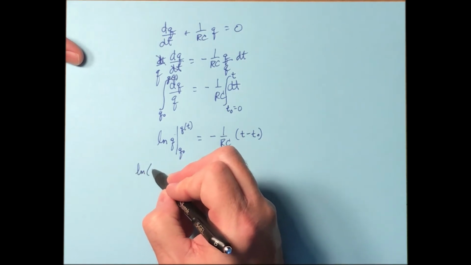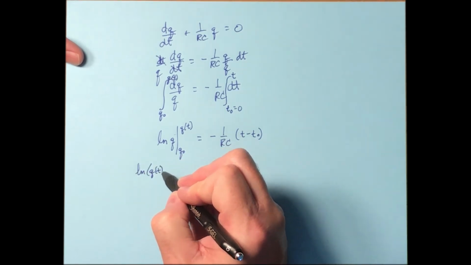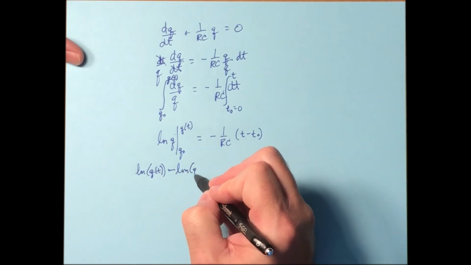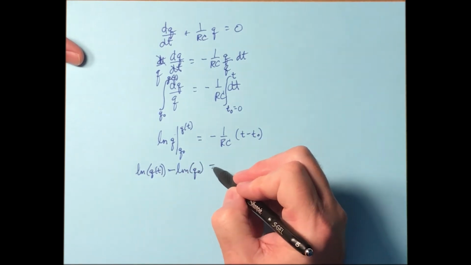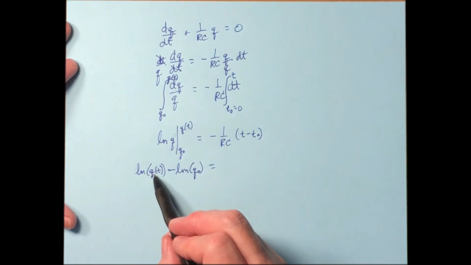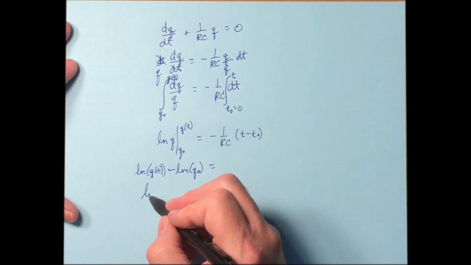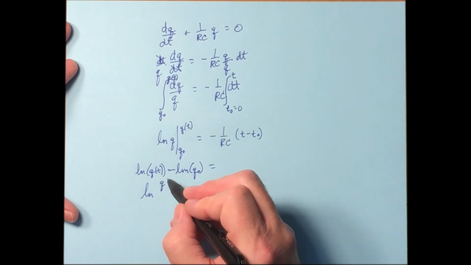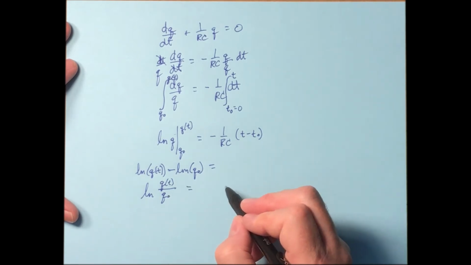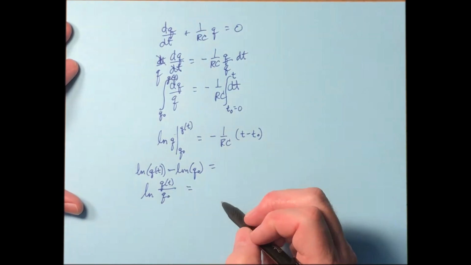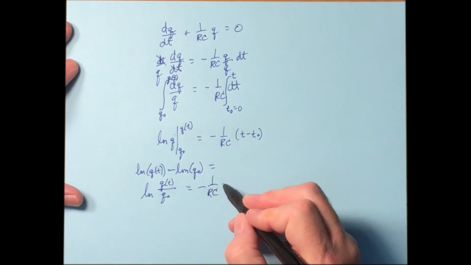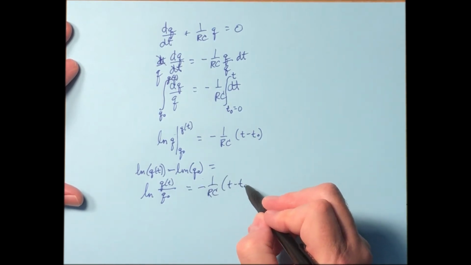I've got natural log Q of t minus the natural log Q naught. This is a difference in natural logs. You may recall that you can make this a ratio, so we could write this as natural log of Q of t over Q naught is equal to all of this stuff on the right-hand side, which is minus 1 over RC times t minus t naught.